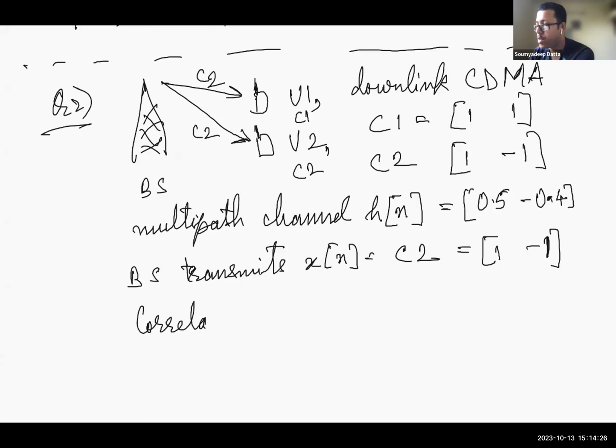So N naught and N naught will cancel out. And what you will get is your practical value of K, which is 3 by 4 times Q by 1 plus alpha times nu times SINR target.